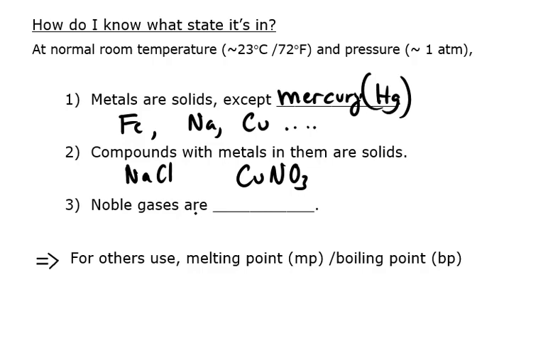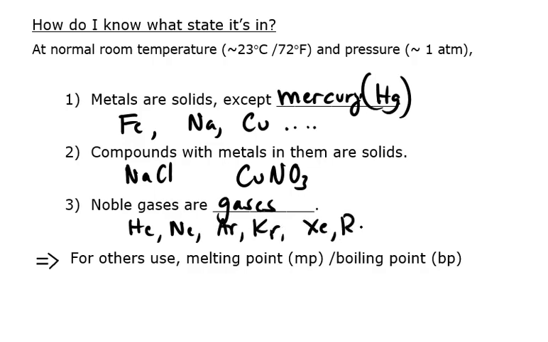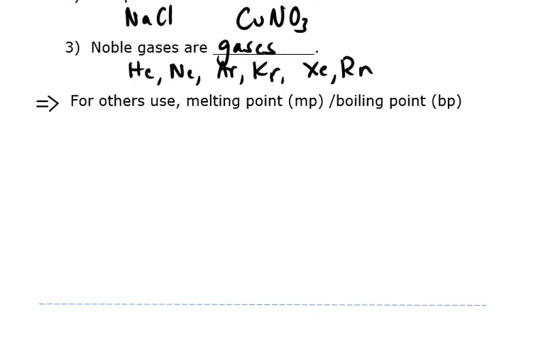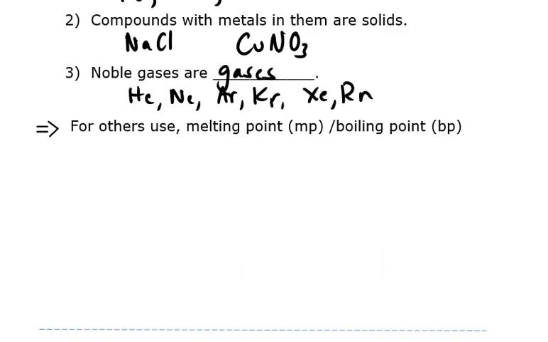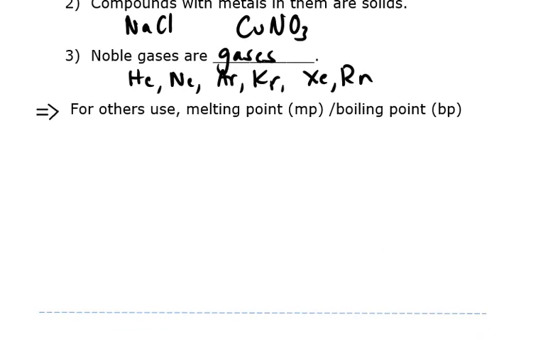Those are a certain group in the periodic table, and those are all gases. For example, helium, neon, argon, krypton, xenon, and radon are all gases. Now those are some general guidelines that'll cover some things, but for everything else, you're going to need to find a melting point or a boiling point, or both, to determine the state that it's in.